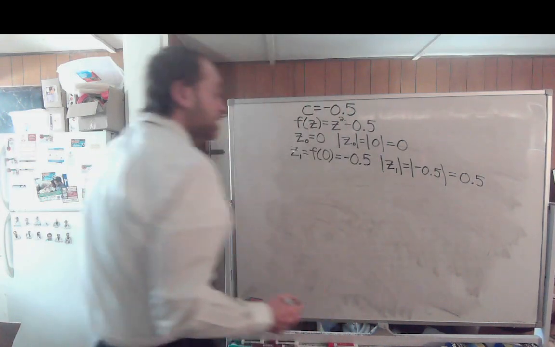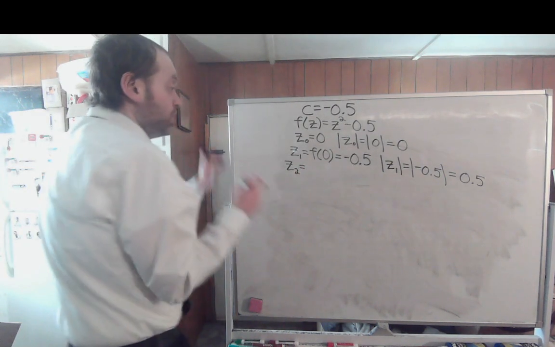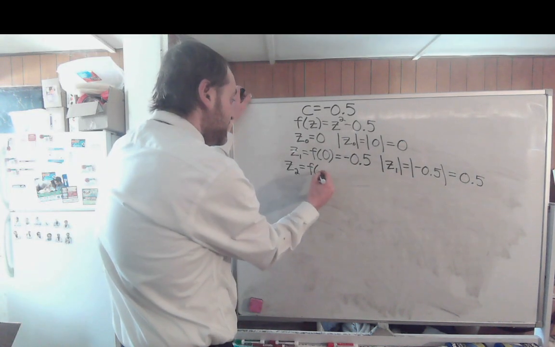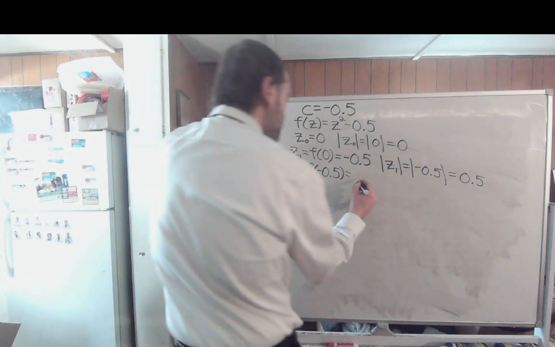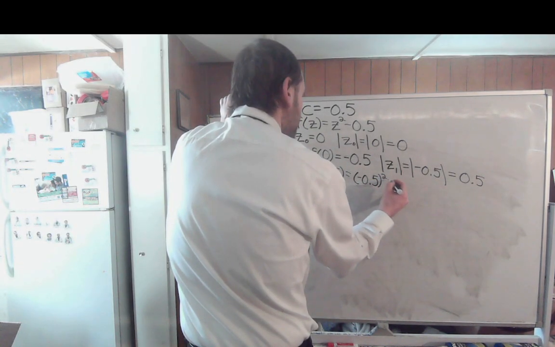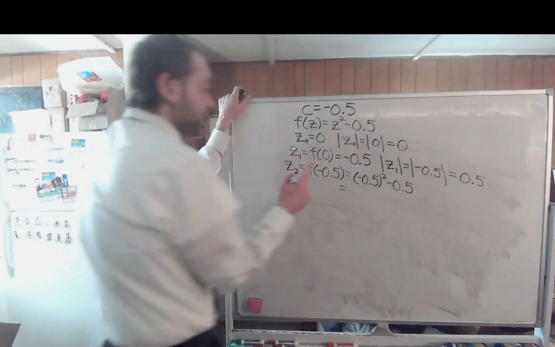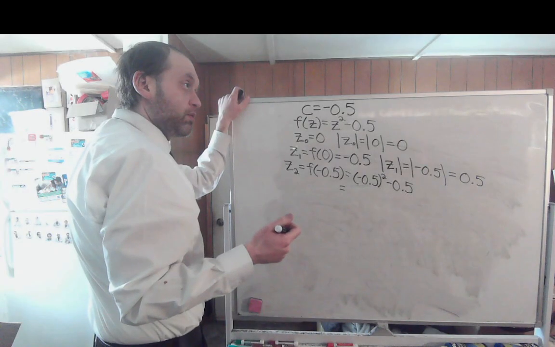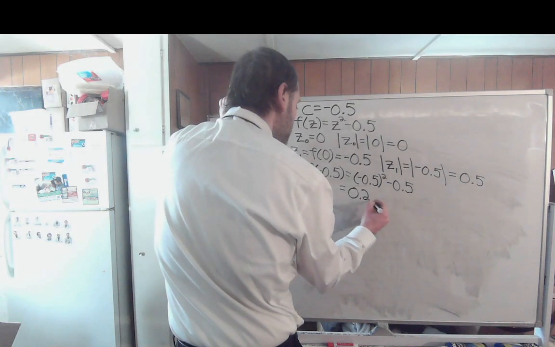Okay? Now let's find z sub 2, which would end up being f of z sub 1, which would end up being f of negative 0.5. That would equal that negative 0.5 raised to the second power minus 0.5. What is negative 0.5 to the second power? Same as negative 1/2 to the second power. That'd be positive 1/4, so that'd be 0.25.